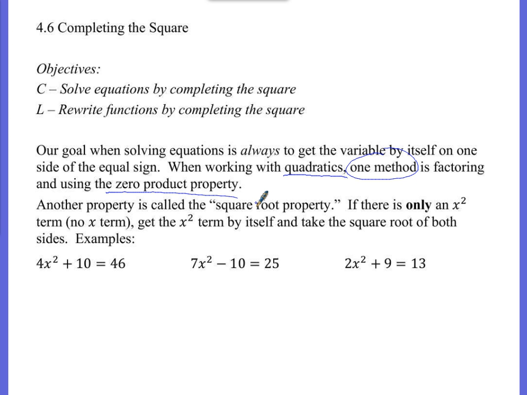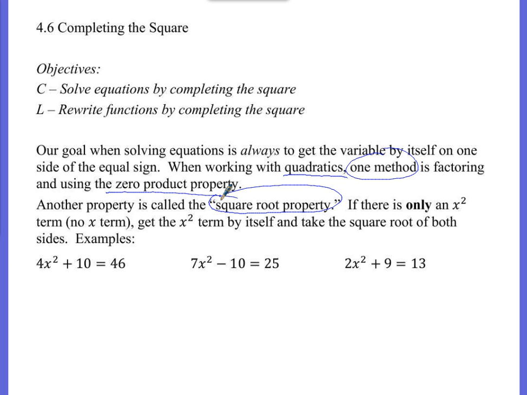So we're going to start off by revisiting an important little rule that we learned in Algebra 1. Another property right here. It's called the square root property. So rather than factor, rather than graph, rather than try to use the zero product property, we can use something called the square root property.